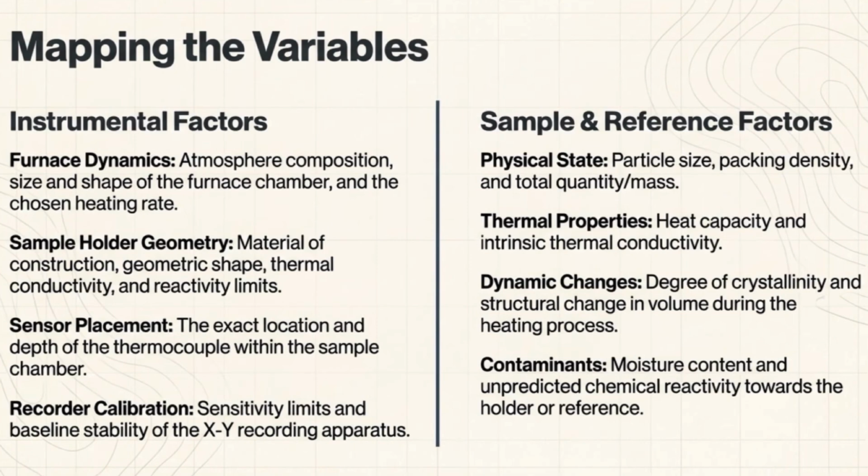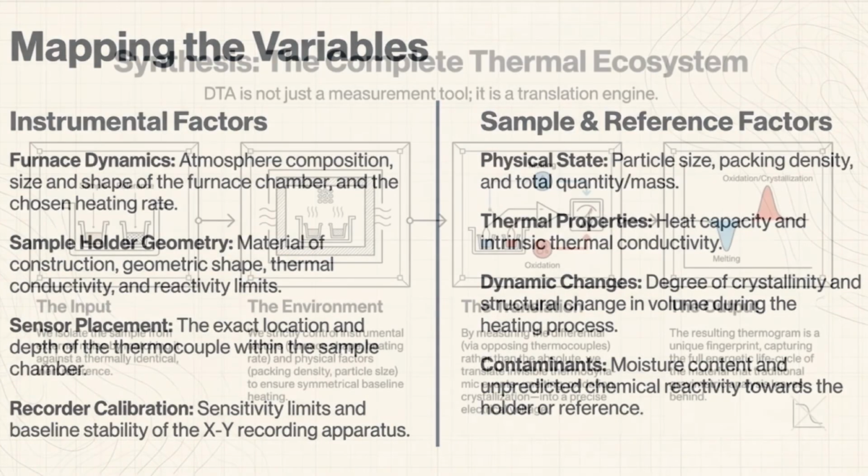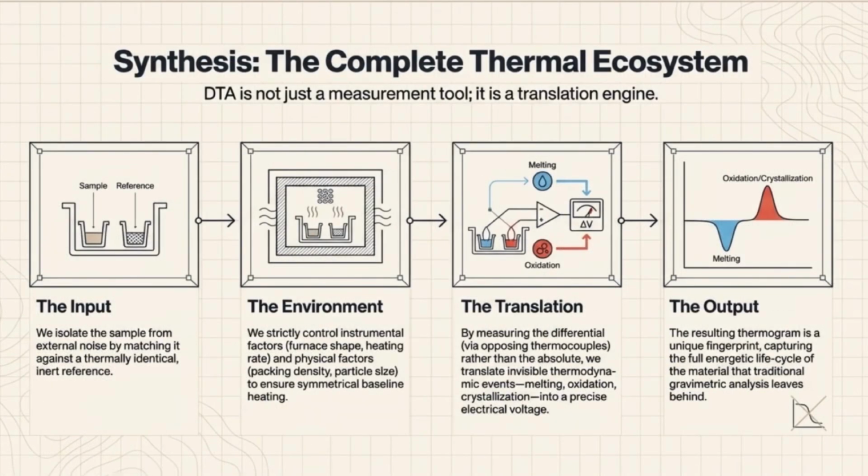Those factors include physical state, like particle size and packing density, thermal properties like heat capacity, dynamic changes such as degree of crystallinity and structural changes, and of course contaminants such as moisture and other things which can protrude from the sample container or holder, the reference material, the crucibles, or the thermocouples.